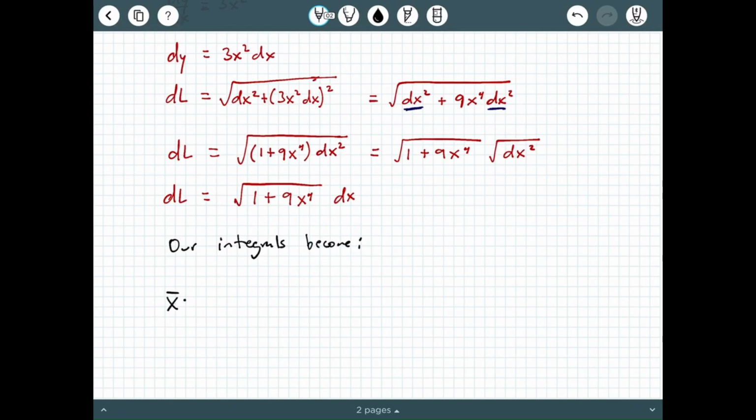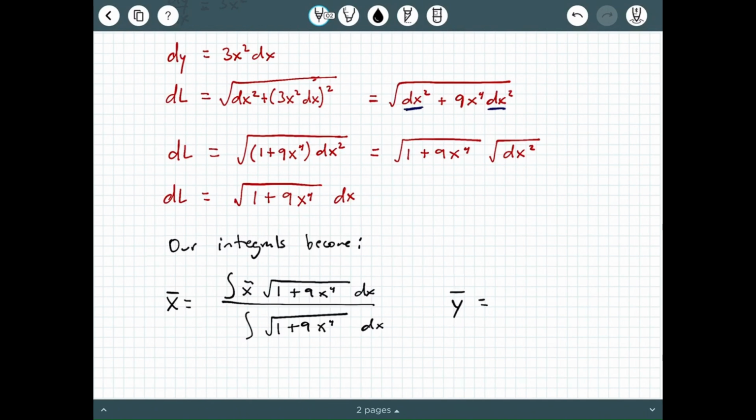We're going to have x bar equals the integral of x tilde times the square root of 1 plus 9x to the fourth dx, and then the denominator is the integral of the square root of 1 plus 9x to the fourth dx. Similarly, y bar is going to be the integral of y tilde times the square root of 1 plus 9x to the fourth dx, divided by the integral of the square root of 1 plus 9x to the fourth dx.